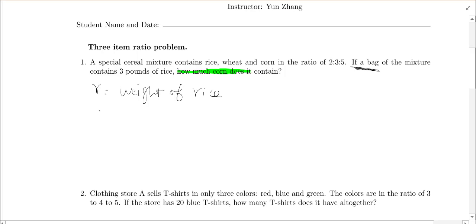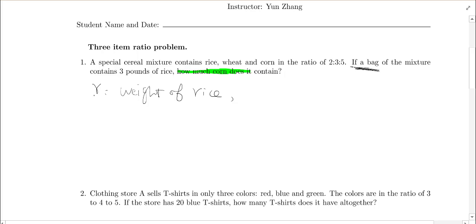You can say, oh, I really think it's a weight of rice, then you use W subscript R. It's totally fine. It really depends on what you want. I would like the simple way, just use R in this example. You can definitely use WR, okay?